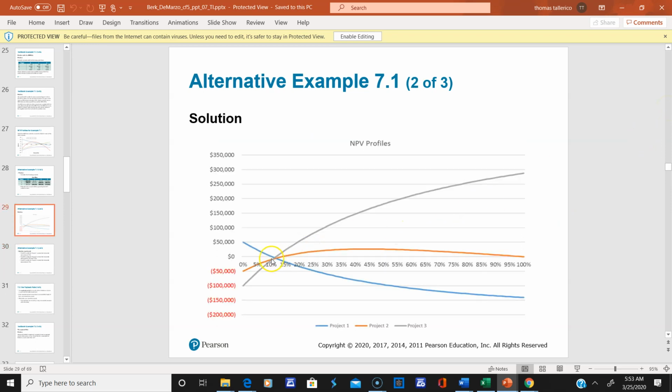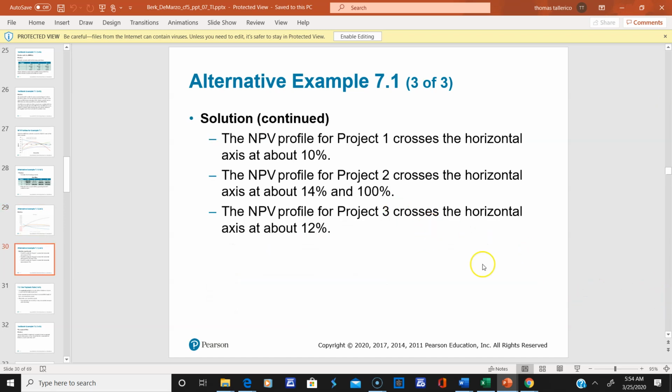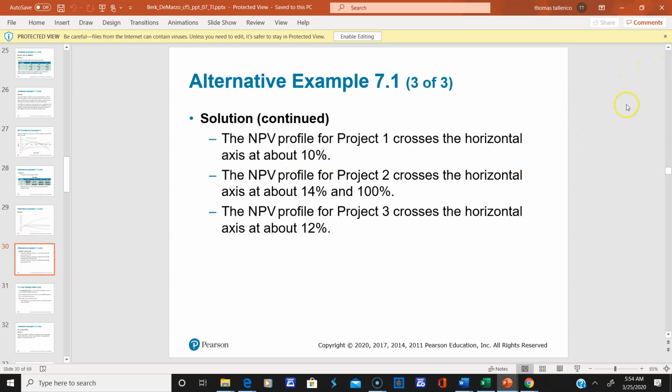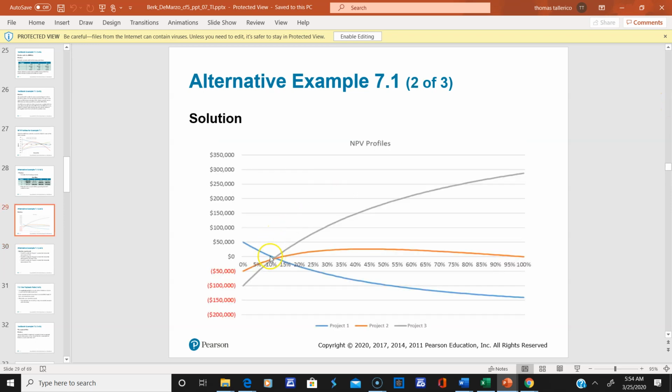They're a little different, but it looked like they were all around 10. But in any case, the net present value is only positive for this guy right here, project 1.